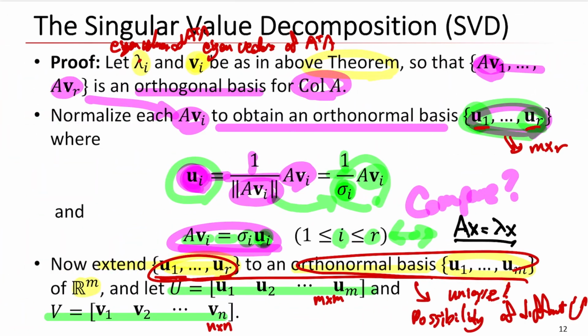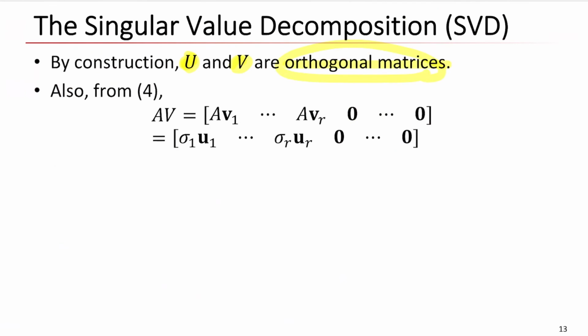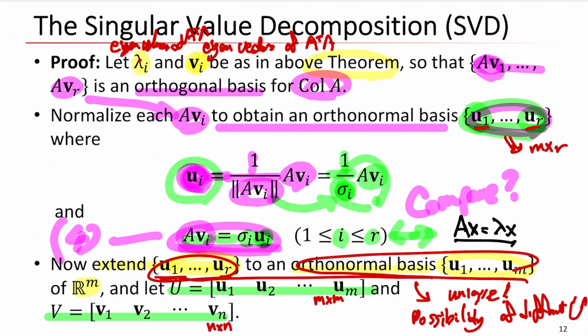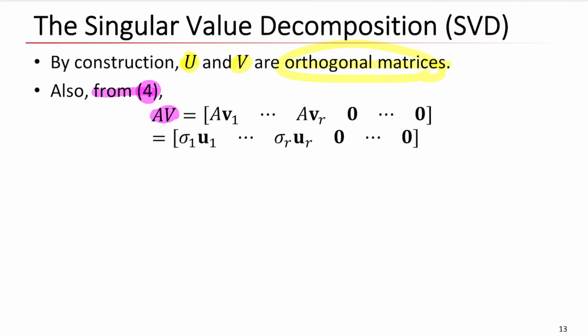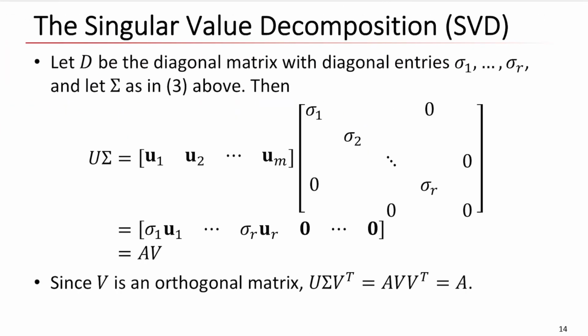So let's say this is equation 4. From equation 4, matrix A times matrix V is equal to Av1 through Avn, which is something like this, right? So this one is equal to sigma 1 u1, through Avr equal to sigma r ur, and then just 0 here, right?